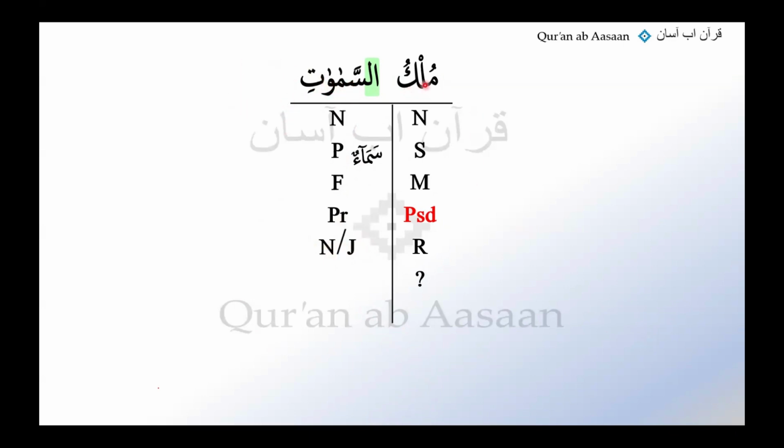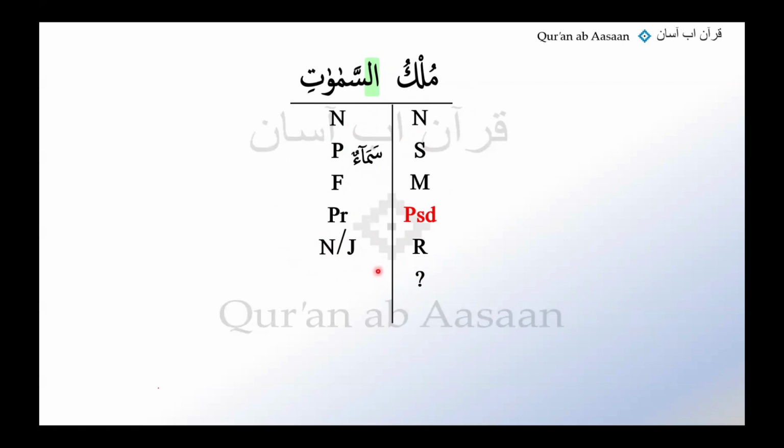Look, when we dissect and I'm analyzing as-samawati, I'm analyzing separately, okay? Until this point, it does not matter what's behind it. Only after I get to this point do I look back to decide what the actual case sign is going to be.